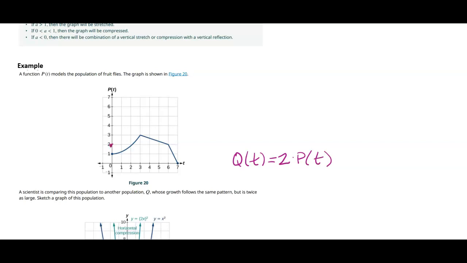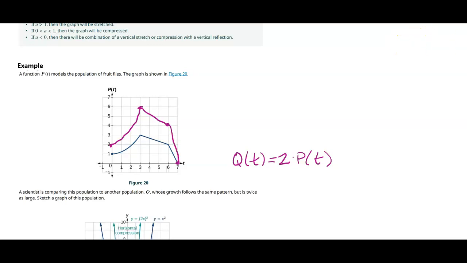So each and every y value that I know for sure should be twice as big. Then you can just follow that same general pattern to sketch your graph.